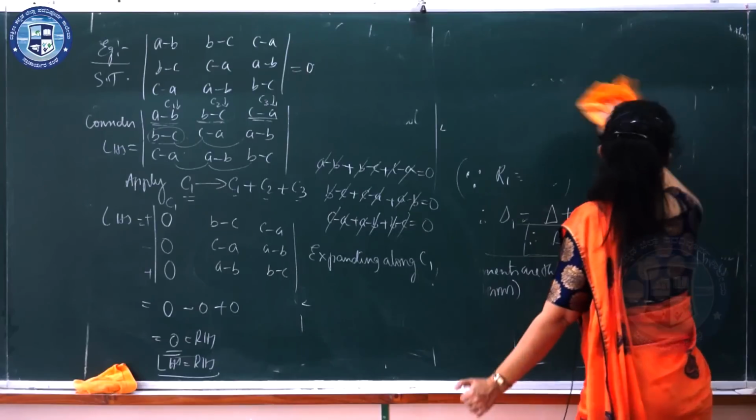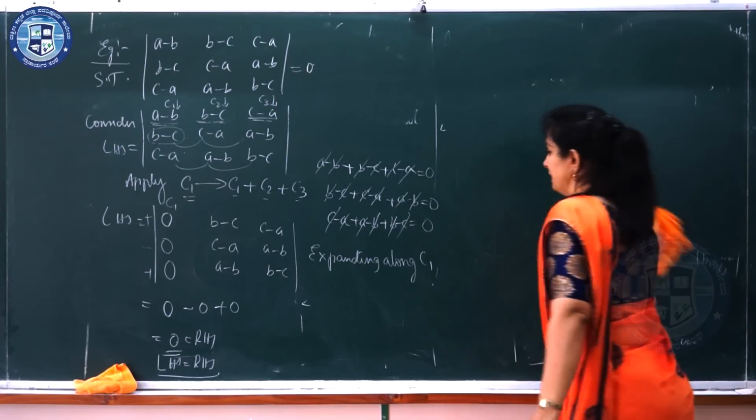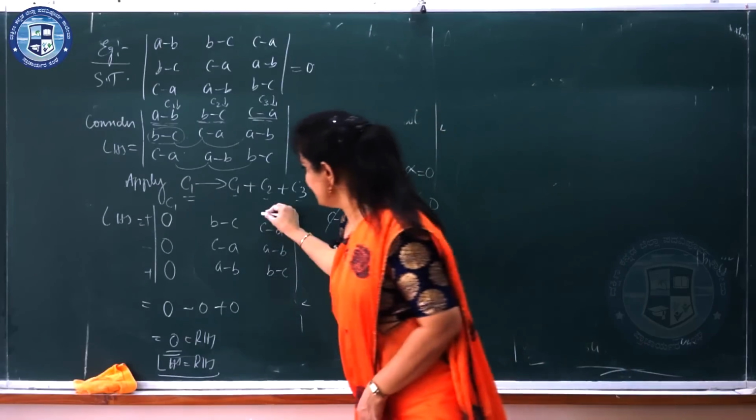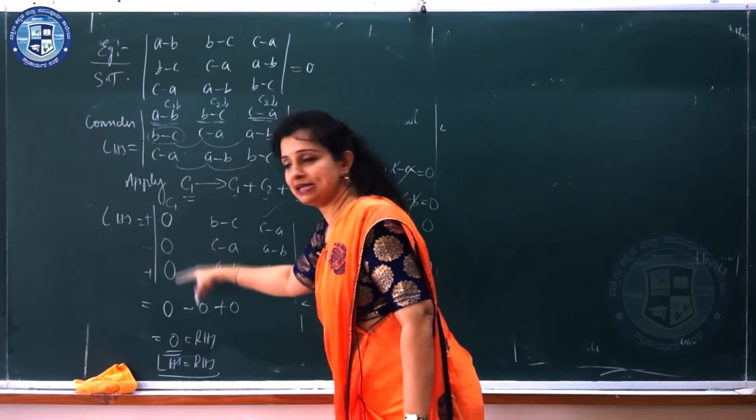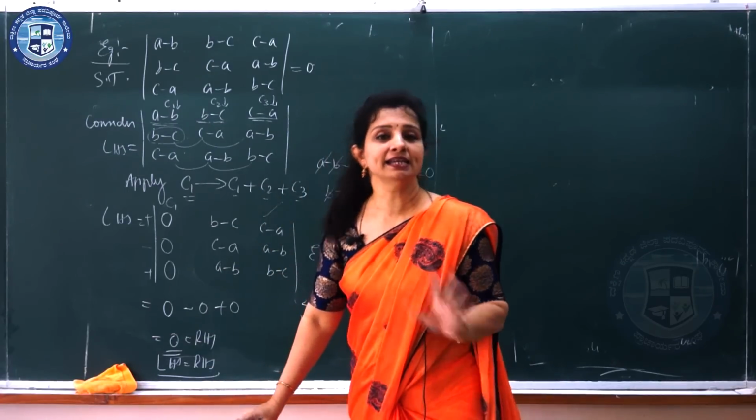So, from this we got the conclusion that if in a determinant all the elements of any row or column are 0, then the value of the determinant is 0.